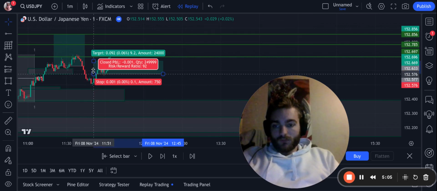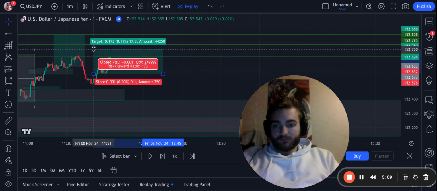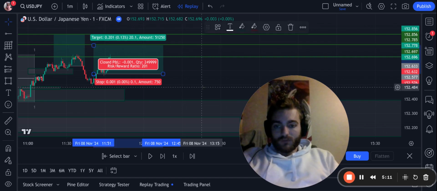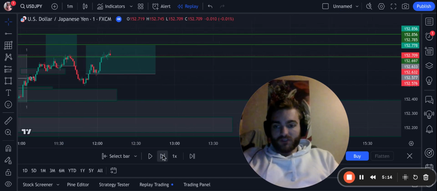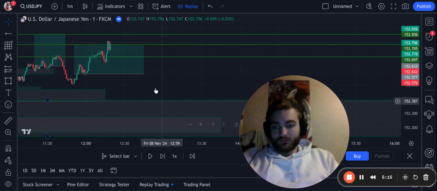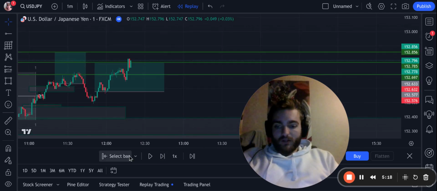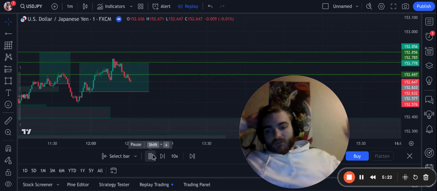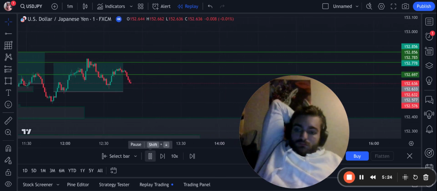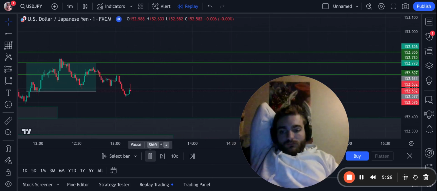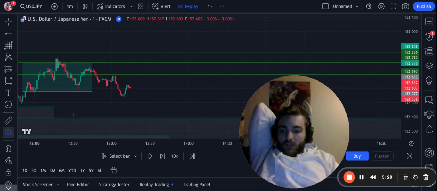TP1 hit, stop loss moved to break even. TP2 moved to here, which is a 1 to 2 risk to reward ratio. It hit, and then after that, pretty sure price stops me out. Yeah, price stopped me out, which is okay.